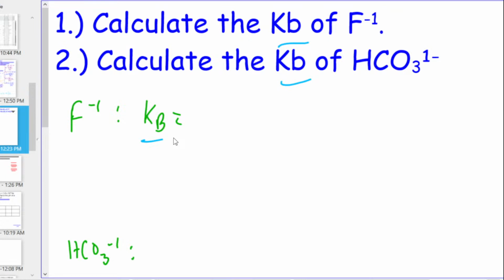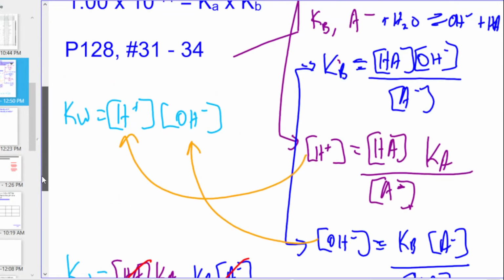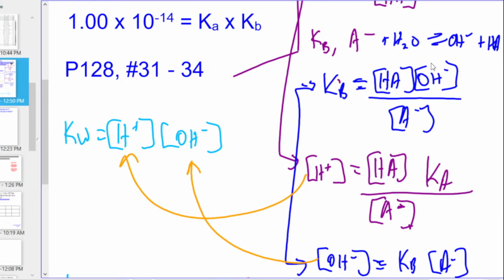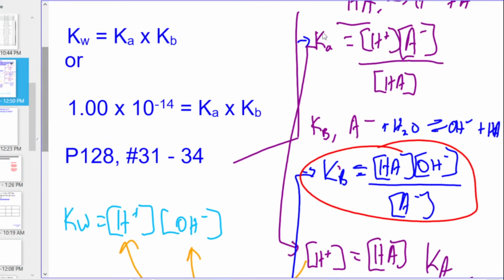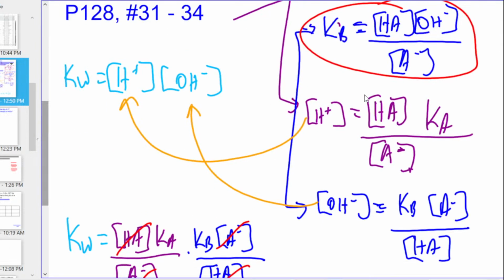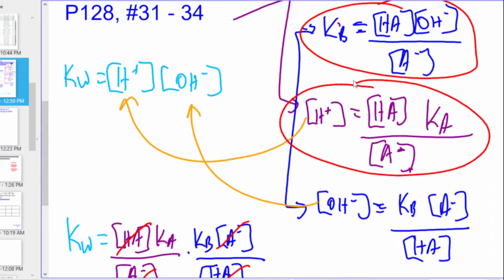I can't see it when I'm looking upside down, but your two results, that should be your Kb, and that's your Ka. Does that look the same as yours? Okay. And then when you solve it, your H plus should look like this with HA on the top.